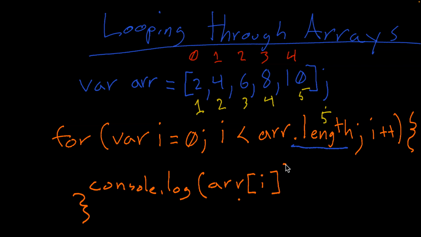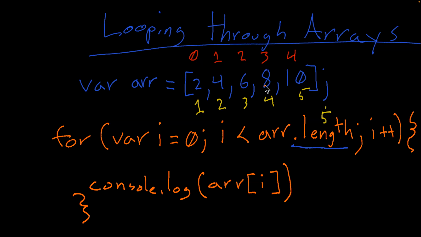Because as i increases, I don't need the index value that i is, like 0, 1, 2, 3, 4. I need what these index values, what their values are, not the index itself. So we need 2, 4, 6, 8, and 10. We don't need the index number 0, 1, 2, 3, 4.